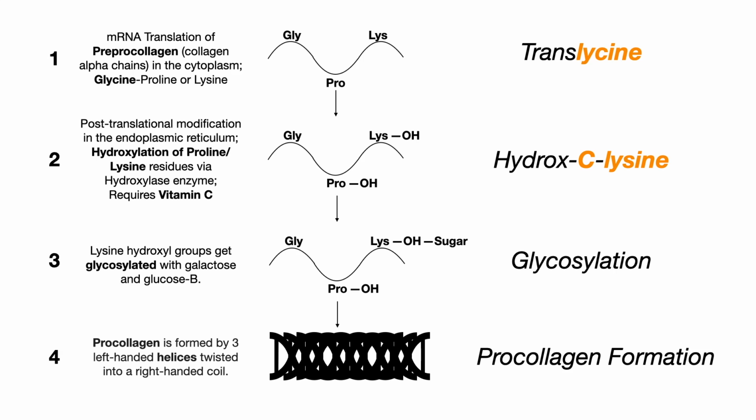C for requiring vitamin C, and lysine for specific hydroxylation of lysine, and then in parentheses, proline residues. If you can remember translysine and hydroxylysine, that'll help you remember which steps have certain important residues. So really, really important.